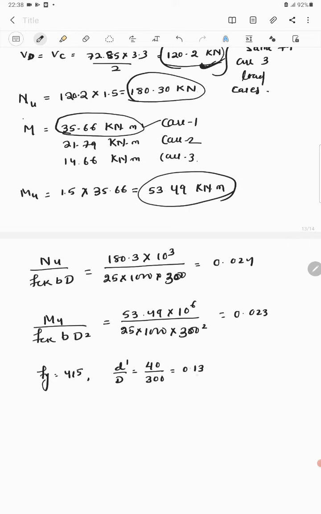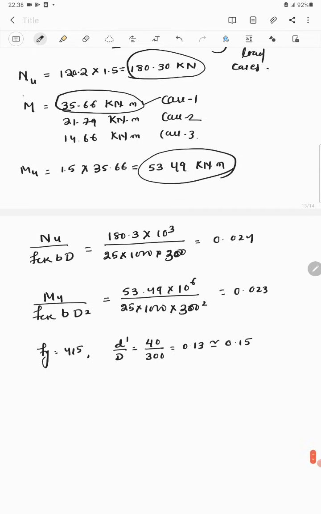We don't have this diagram for 0.13, so let's take 0.15. Now from SP16, page number 118 you can refer, 118 interaction diagram.